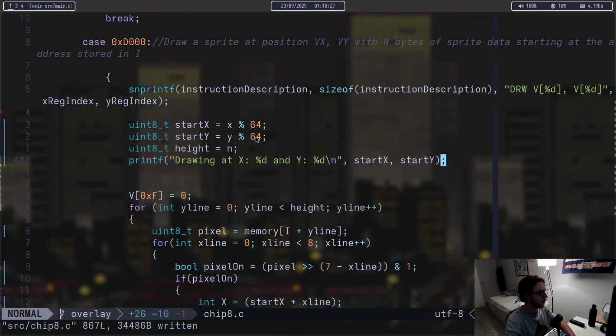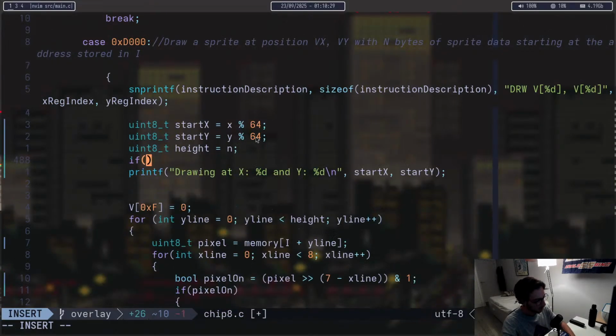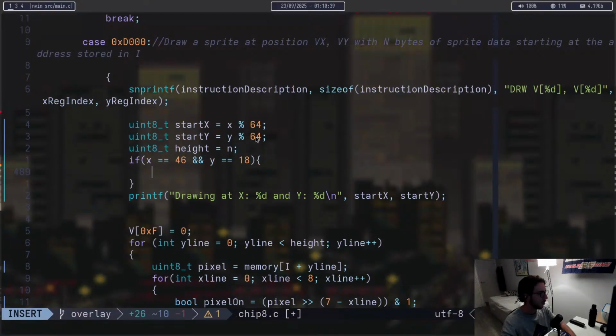So if x equals 46 and y equals 18, then you do this.